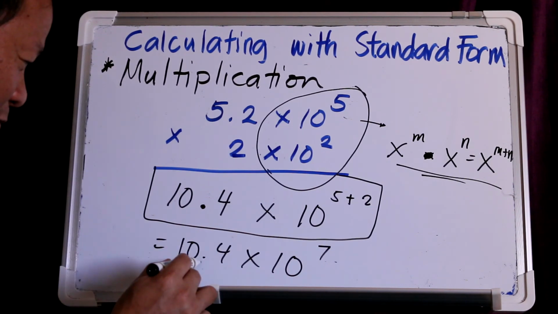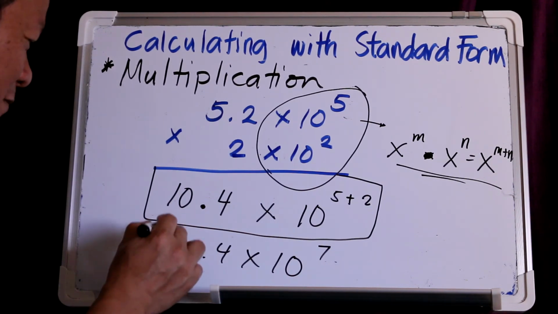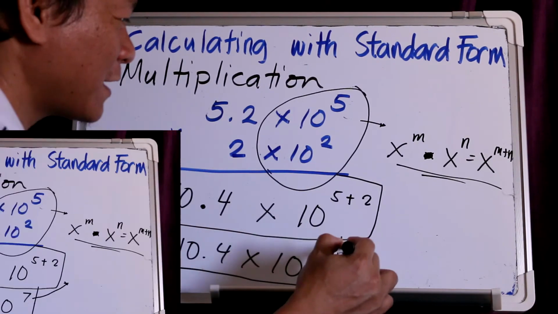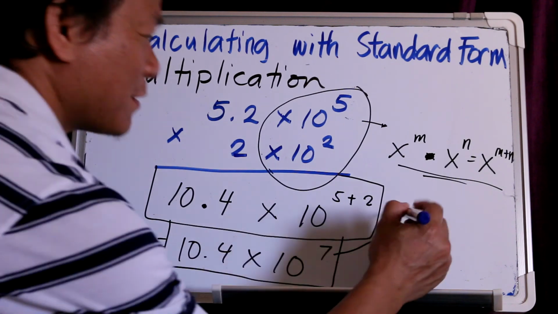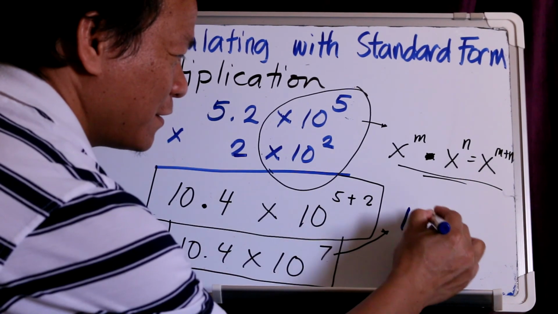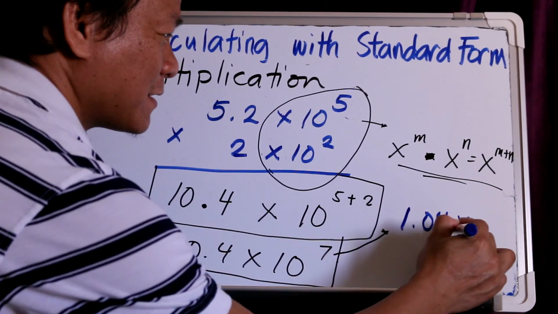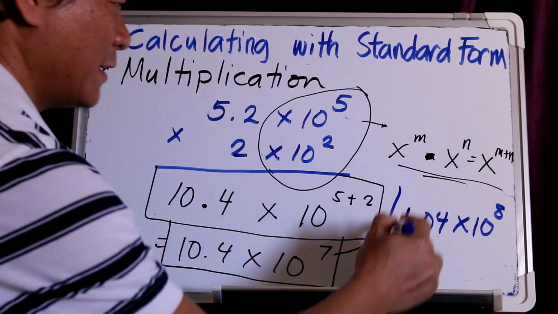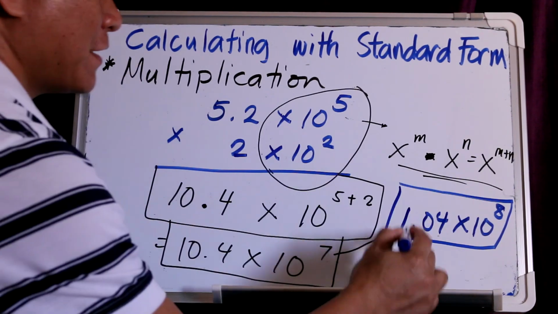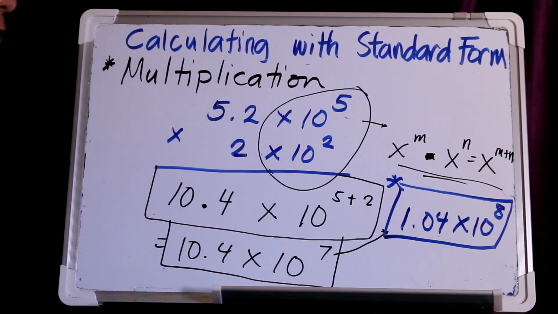Again, we need to move this one here, so this becomes 1.04 times 10 to the power of 8. This is our final answer. So this one right over here is the final answer.